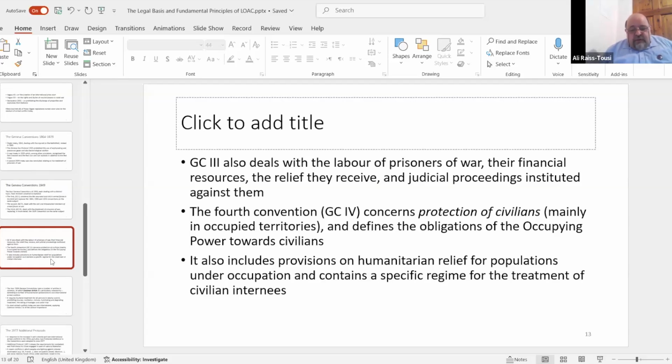The occupying power must guarantee that the occupied territory is provided with foodstuffs and medical supplies, as well as sufficient clothing, bedding, and means of shelter for the people living under occupation. So these are all examples of rights of civilians living under occupation. There can be no collective penalties.